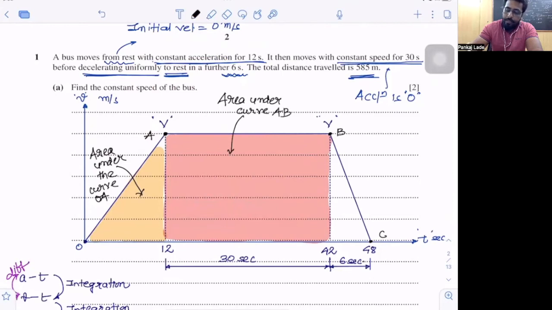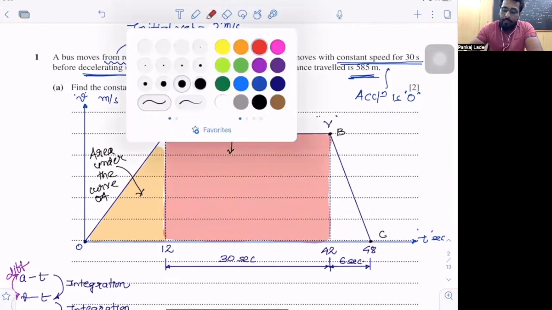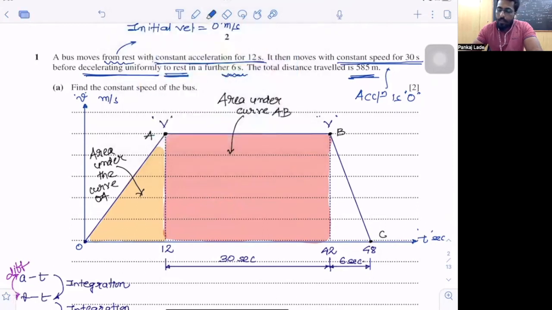And lastly, I'm going to take the area under the curve BC. So I'm going to shade this region over here. So that's the area under which curve? That's the area under the curve BC. And this area is what? Again, it's a triangle, isn't it?